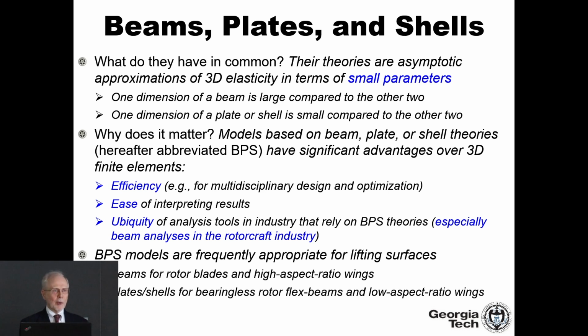One dimension, for example, of a beam is much larger than the other two. One dimension of a plate or shell is much smaller than the other two. So what does it matter?